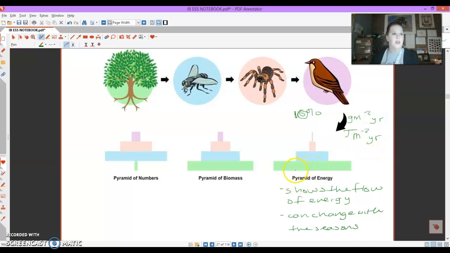All right, so let's say, for example, at our producer level, okay, that's always at the bottom, let's say there are 1 million joules of energy at the producer level. So our next level up is going to be the primary consumers.